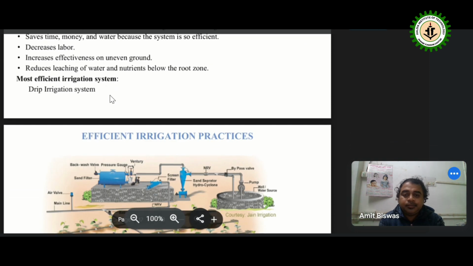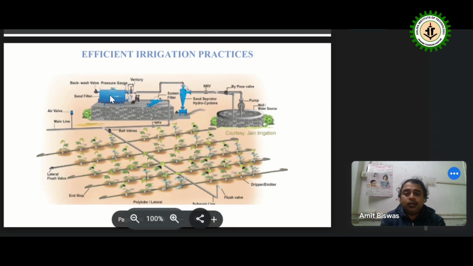So here, on the efficient irrigation practice, is the figure of the drip irrigation system. It is the network of the drip irrigation system: lateral, sublateral, filtration. Under the drip irrigation system, the sand filter will also be there to filter out the pollutants and contaminants from water, and the dripper or emitter.